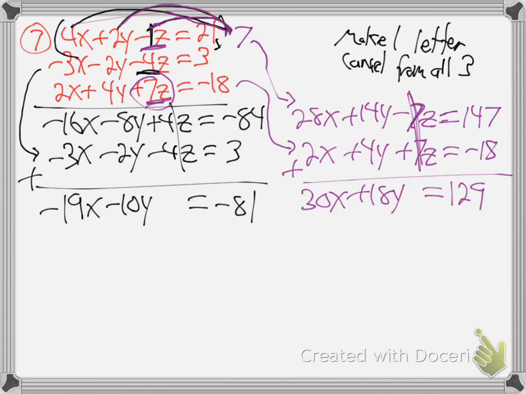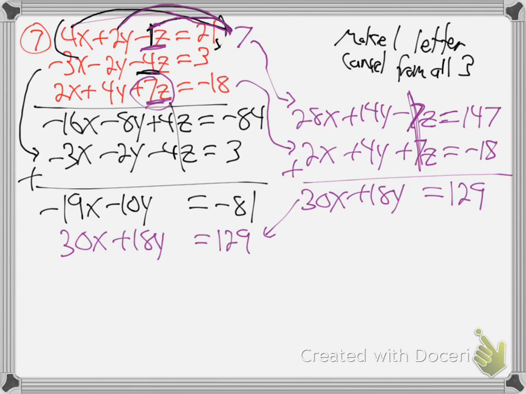Okay, so now I have 2 equations that have just x and y. This is a difficult problem. So let me bring it over here. 30x plus 18y is 129. Bring it over. So now I got to get something to cancel from here. This doesn't look easy at all.